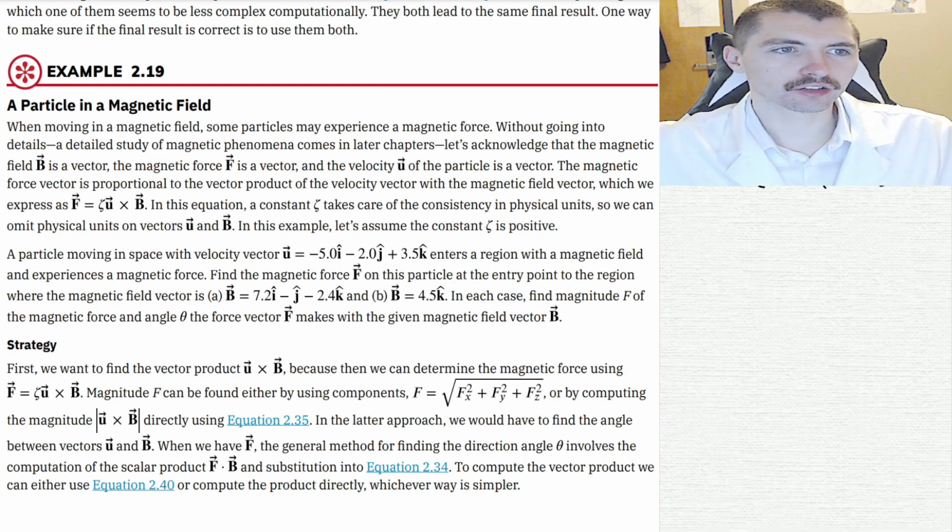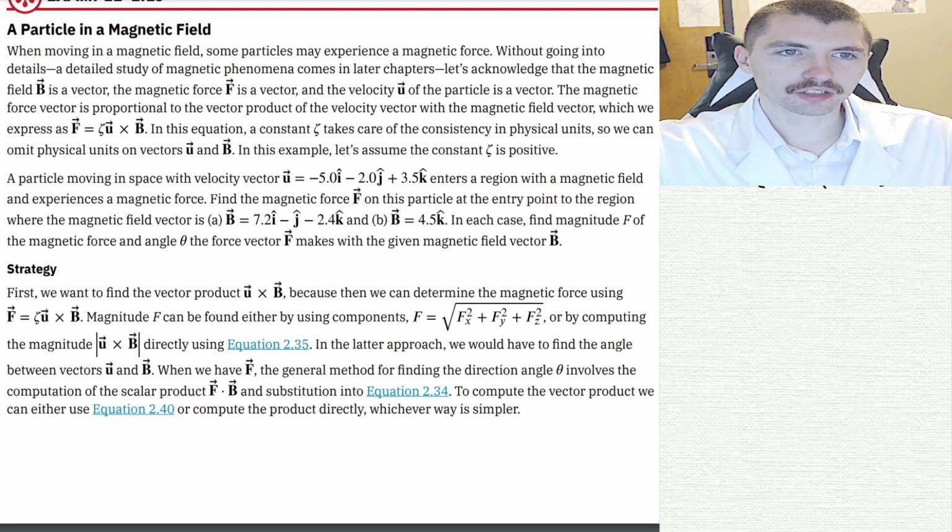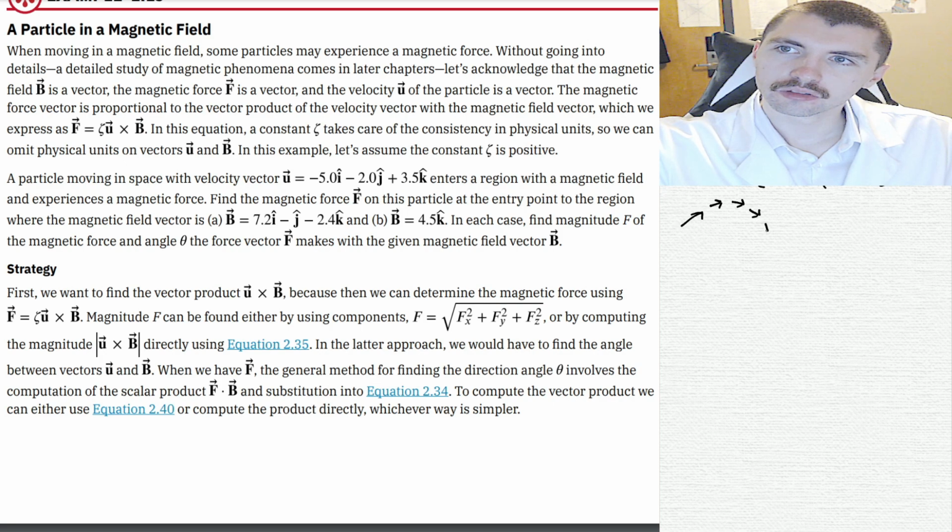Particle in a magnetic field. When moving in a magnetic field, so what's a magnetic field? It's a bunch of arrows that have a force. So we have a magnetic field.